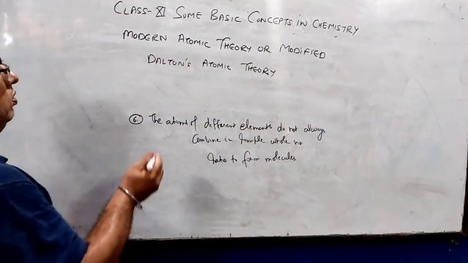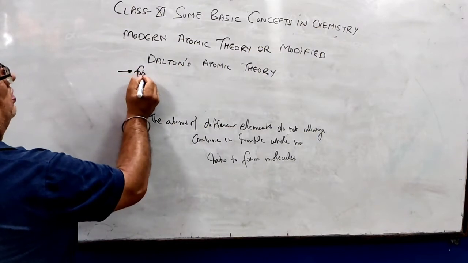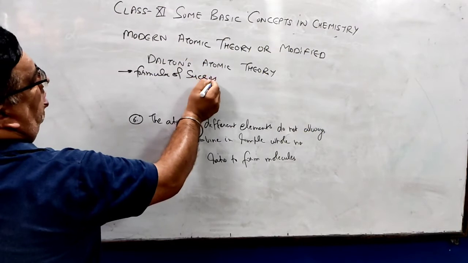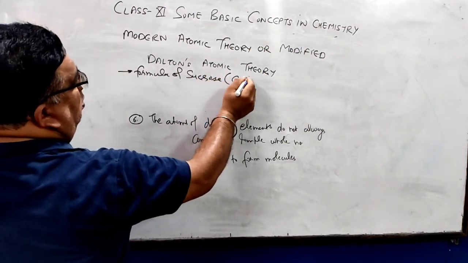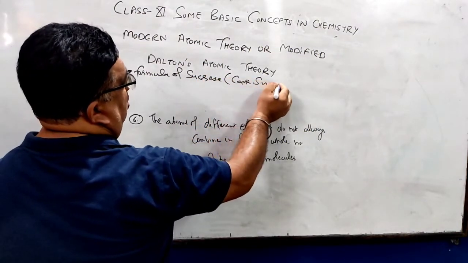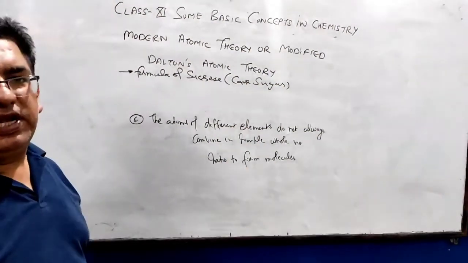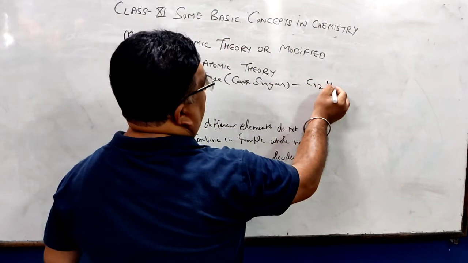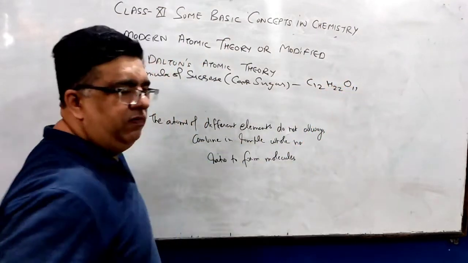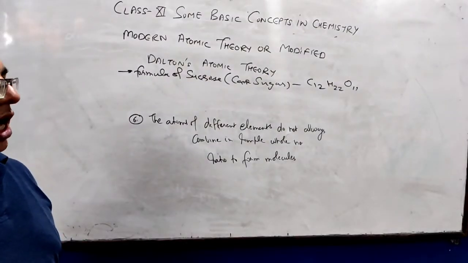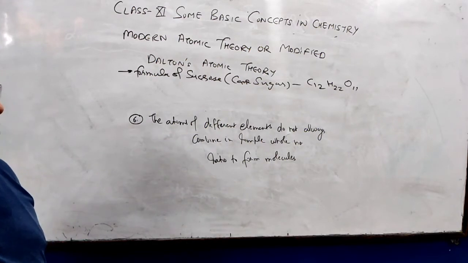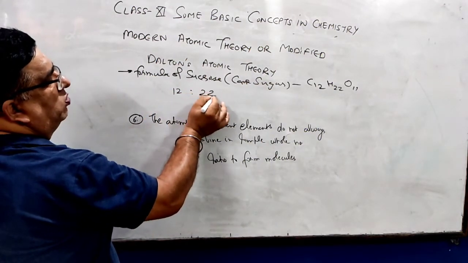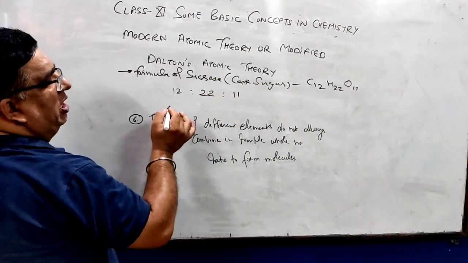We know that the formula of sucrose is sucrose. This is also called cane sugar. चीनी भी कह सकते हैं. The formula of sucrose or cane sugar is C12H22O11. And if we take the ratio of atoms of different elements, then the atoms of carbon are 12, atoms of hydrogen are 22, and the atoms of oxygen are 11.